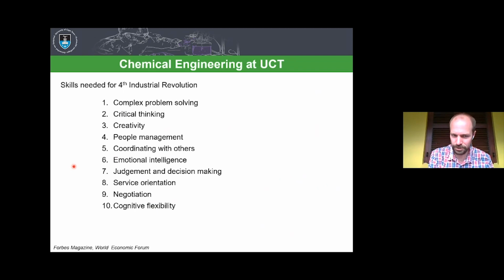But in the way we teach it, through the projects and the teamwork and the other strands we have, we also teach you a set of skills that are relevant across the whole of society. So a lot of our graduates don't end up anymore in the typical industries like Sasol or Eskom. They work in banks, they work in consultancy, and they get there because of these skills. And so that's what I meant when I said well-rounded graduates.